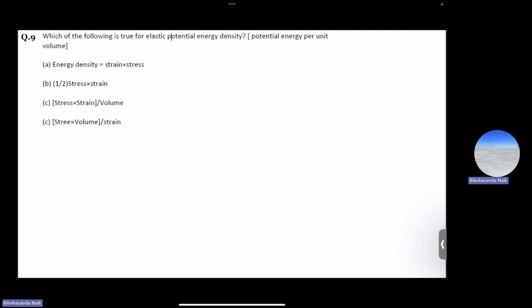Option B, half stress into strain. Option C, stress into strain by volume. Option D, stress into volume divided by strain. So we need to find out the correct expression for elastic potential energy density, that is potential energy per unit volume.